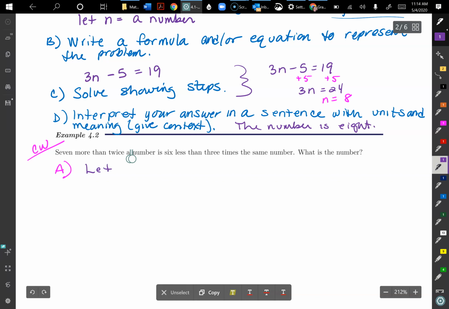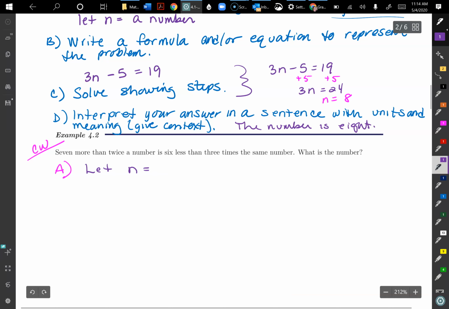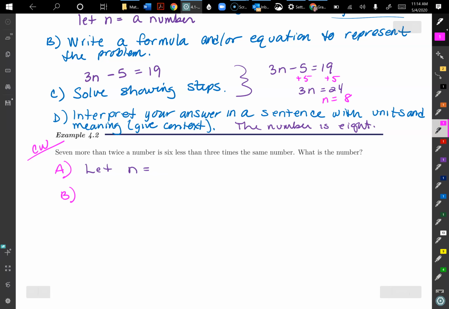Let n equal something. So you're going to pick what you want that to be. And then part B is where you're going to do your equation. So you're going to have something similar to this. Again, you don't need to write out all the words. And then C is where you're going to do the solving. And D is your answer. So leave yourself some space, and then D would go down below.